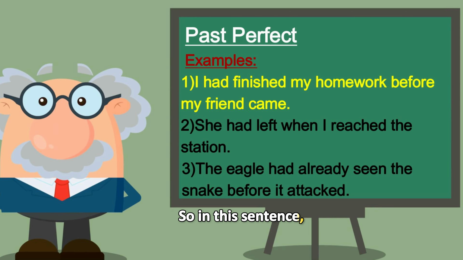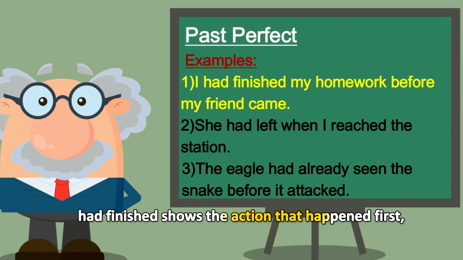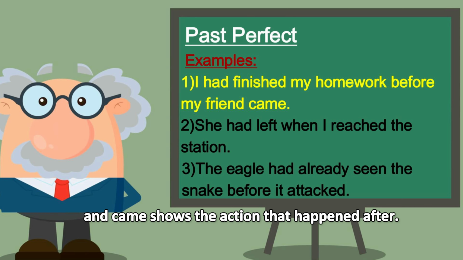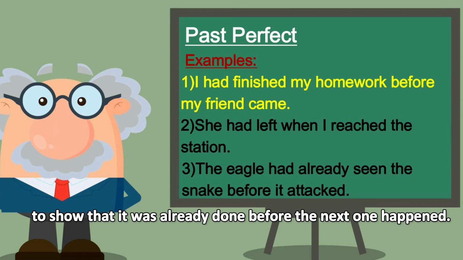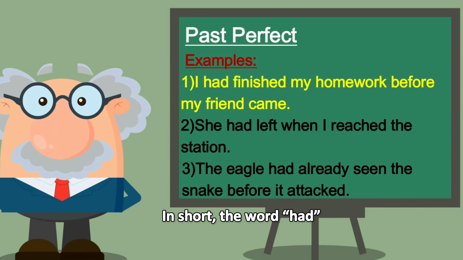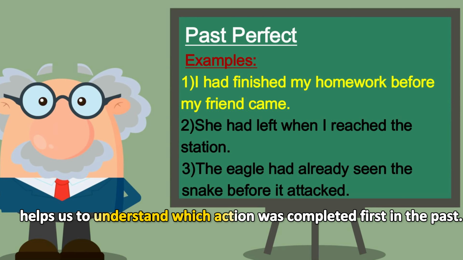So in this sentence, had finished shows the action that happened first, and came shows the action that happened after. That's why we use the past perfect tense for the first action to show that it was already done before the next one happened. In short, the word had helps us to understand which action was completed first in the past.